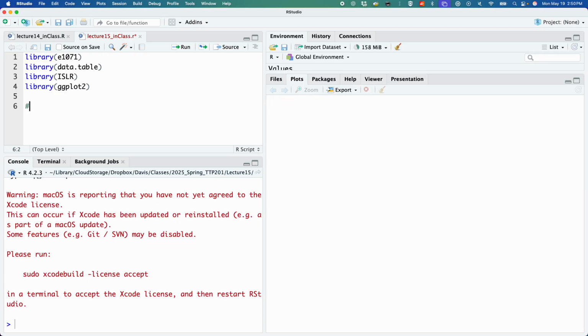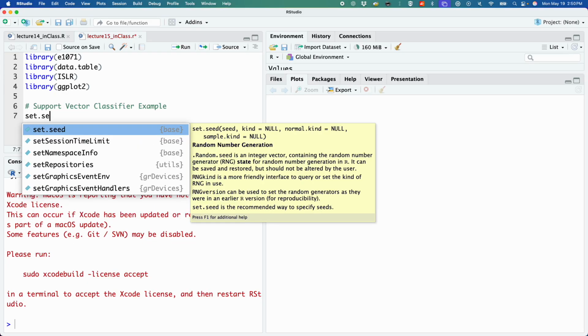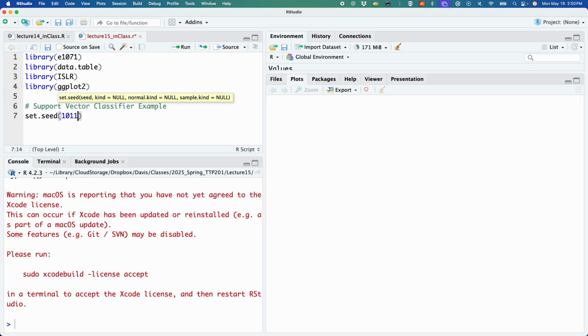Okay, so we're going to start with the support vector classifier example. And I'm going to set a seed here so that everyone can have the same results, since these things are sensitive.